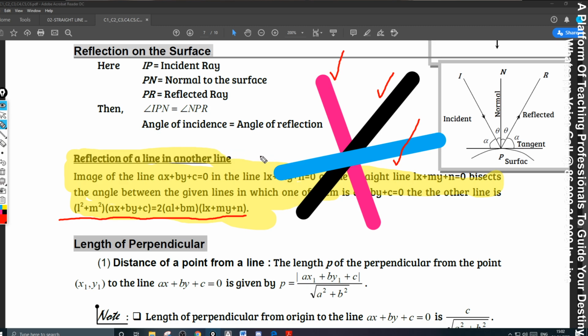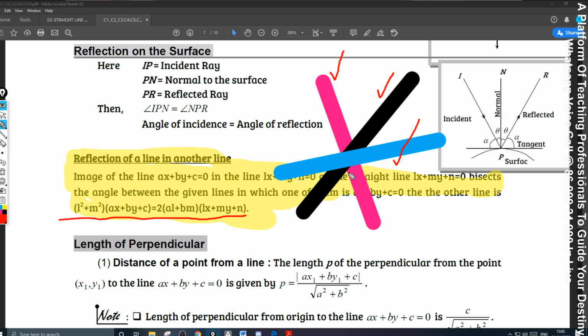I will show you the derivation of it compulsorily, because the concept, what we apply, how we apply our brain to solve it, will be very much useful in solving the problems.